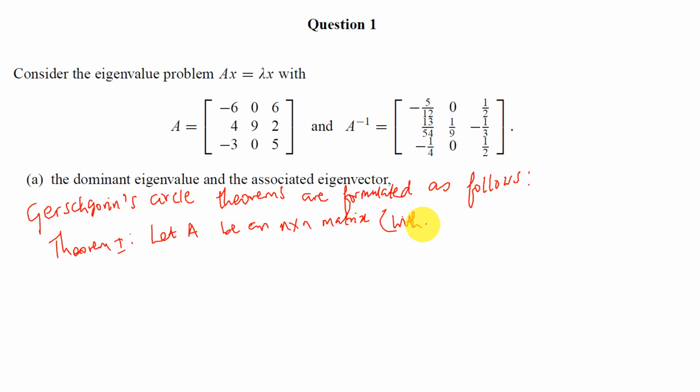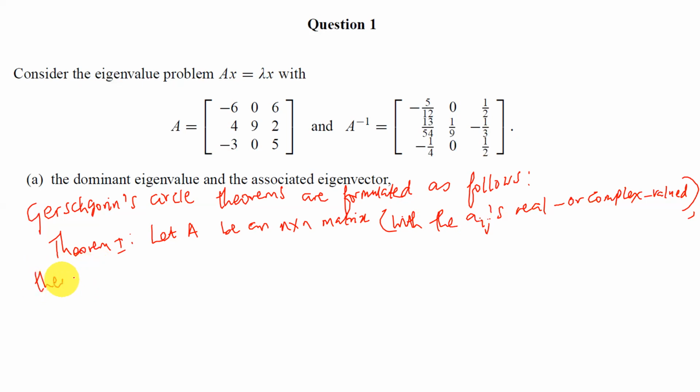With the aij real or complex. So in other words, A is an n by n matrix with the aij, which are just the entries in the matrix, either real or complex valued.